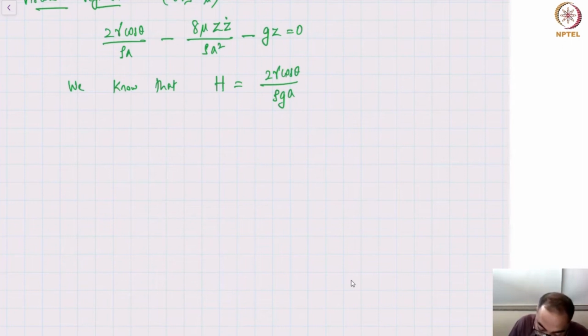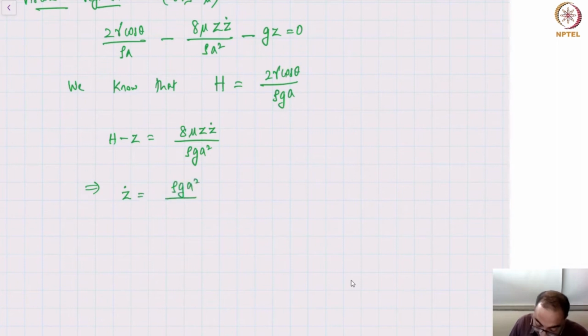We have h, the left hand side, minus z will be 8 mu z dot by rho g a square, and therefore I have z dot will be rho g a square by 8 mu z of h minus z, and this will further give me rho g a square by 8 mu of h by z minus 1. This is the equation for z dot.